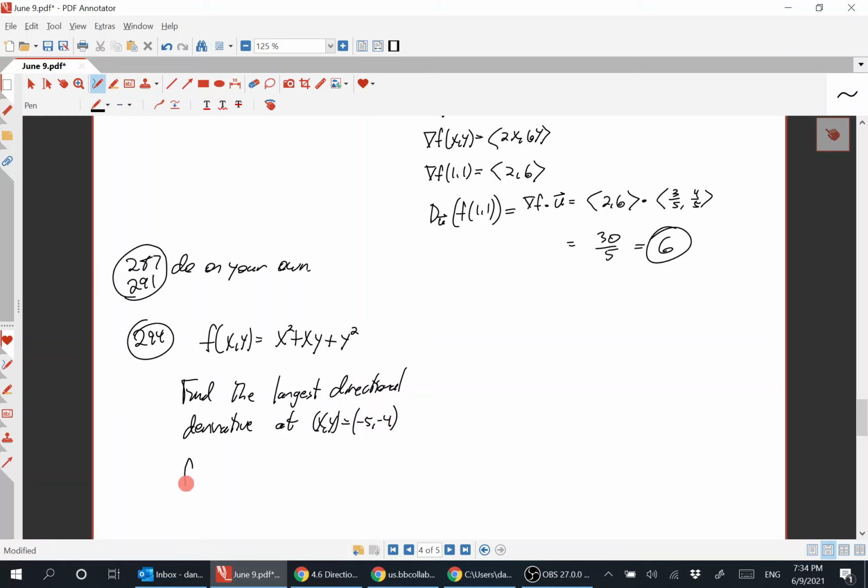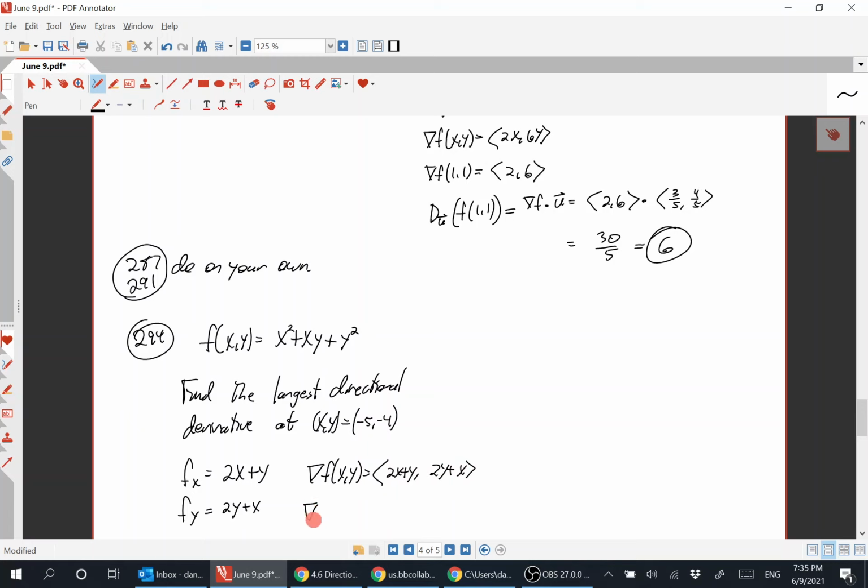Right, so the partial derivatives are, in this case, f_x is 2x plus y, and f_y is 2y plus x. So the gradient vector for (x,y) is 2x plus y, 2y plus x.